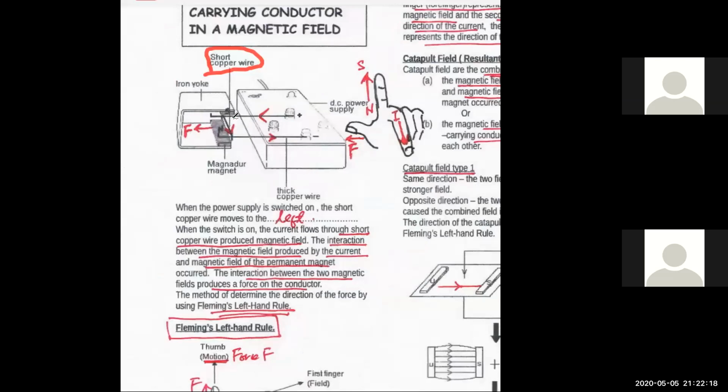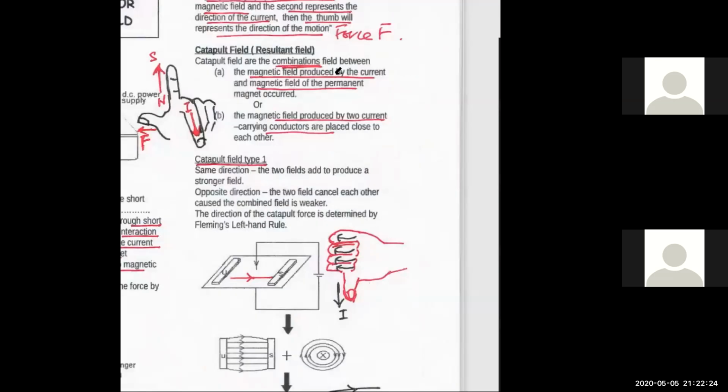So when you combine these two magnetic fields, we call it Carabao field. Another combination is the magnetic field produced by two current carrying conductors. It can be two wires. Two wires carry current, so both wires also have a magnetic field.